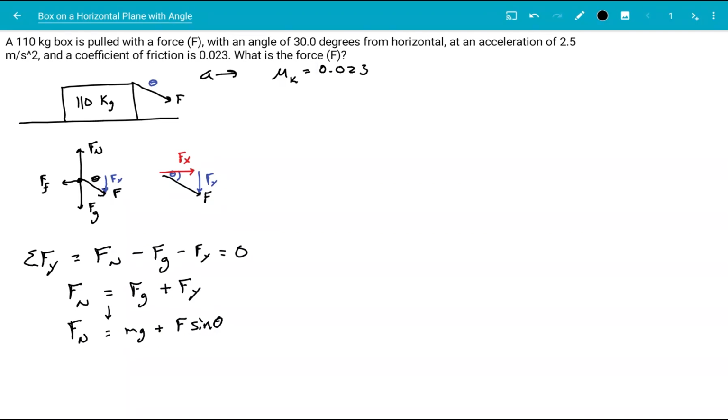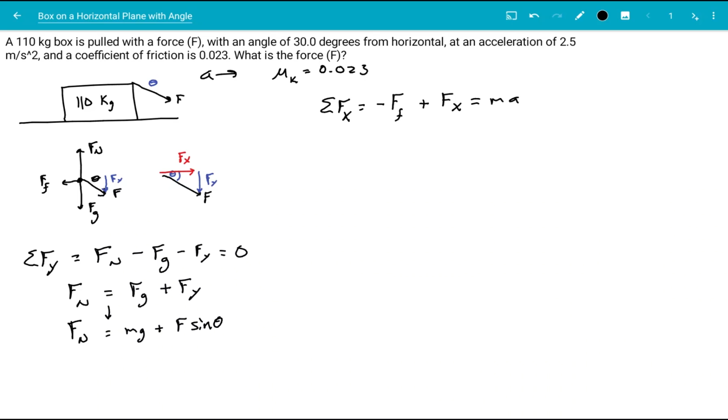Now we can tackle the x components. So the net force in the x direction will be negative friction plus Fx. And it is accelerating, so ma.